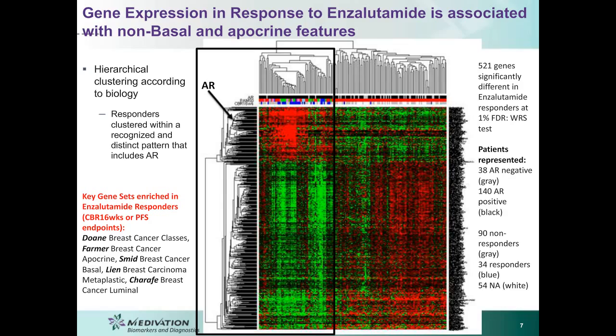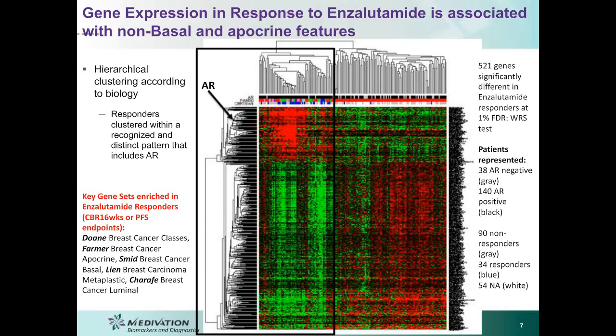The second color bar shows the PAM50 subtype, and I'll just point out that red in that color bar is the basal-like subtype, while other colors represent various luminal subtypes, luminal A, B, HER2, and the normal-like.